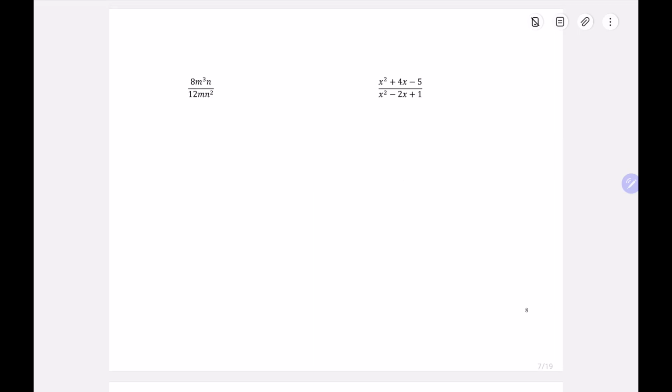So first, we're starting with 8m cubed n all over 12mn squared. If we were to factor this, we would get 2 times 2 times 2 times 3 m's times n all over 2 times 2 times 3 times m times n times n.